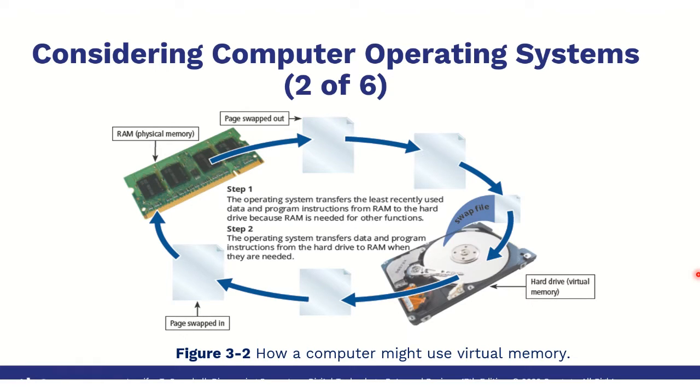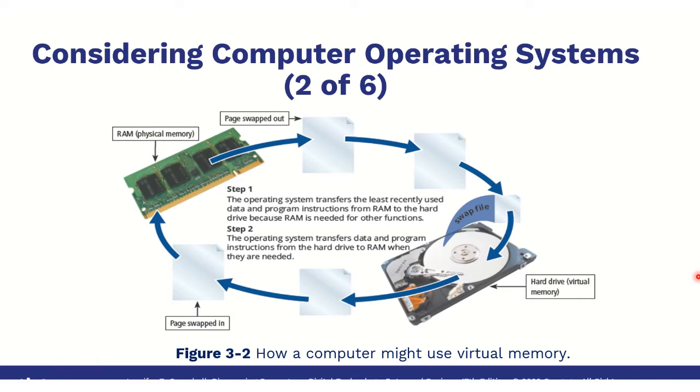They are not used actively. In step two, the operating system transfers the data and program instructions from the hard drive to RAM when they are required. Okay, so that is described in this particular picture.